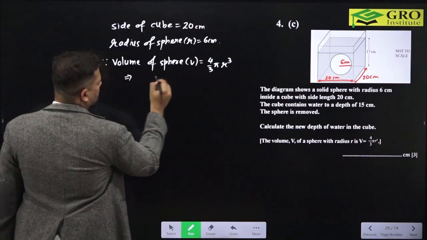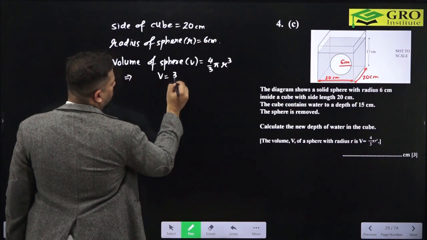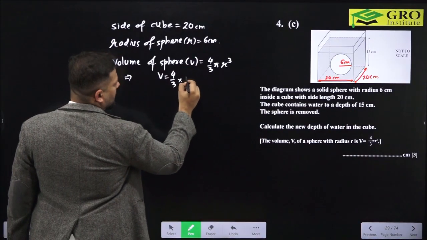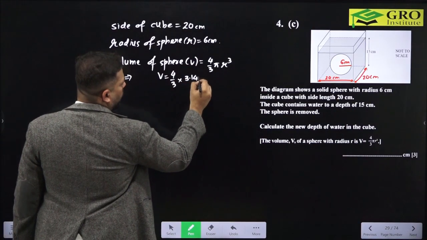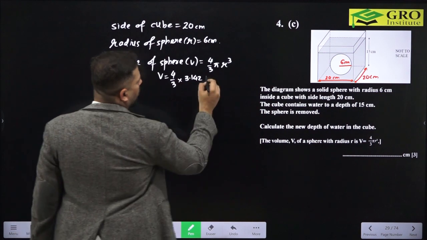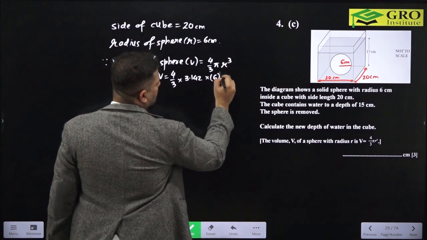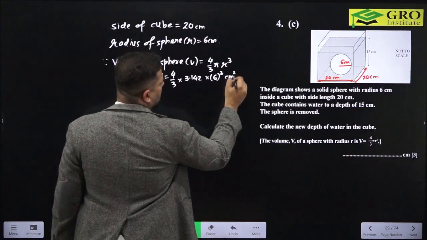So this implies that capital V is equals to 4 by 3 multiplied with 3.142 times r being 6, so 6 cube centimeter cube.